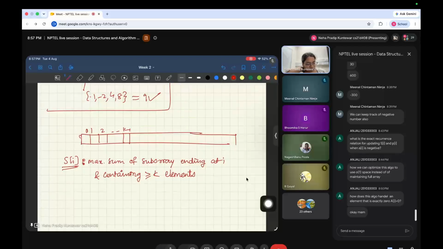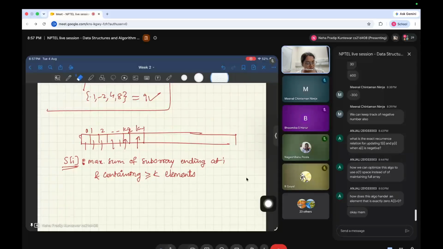Okay, so all these values are invalid because there cannot be a subarray of size at least k which ends at k minus 2 at least. Yeah, so only at k minus 1 you have seen at least k elements.